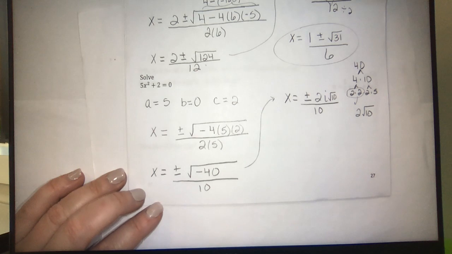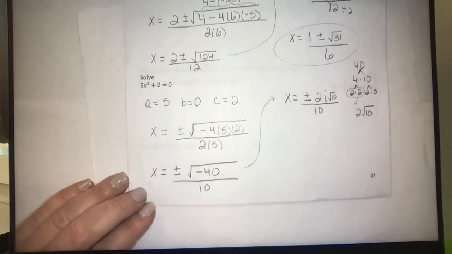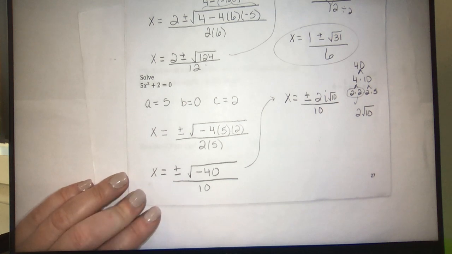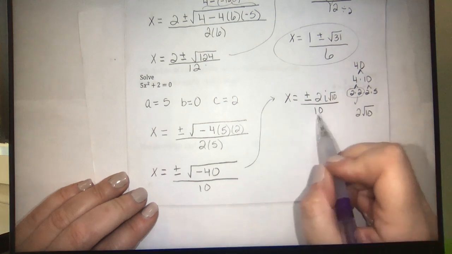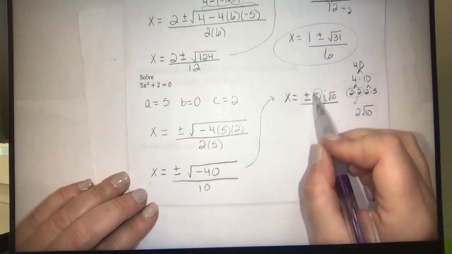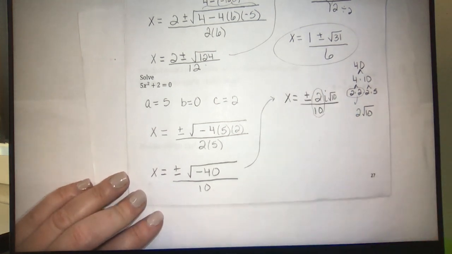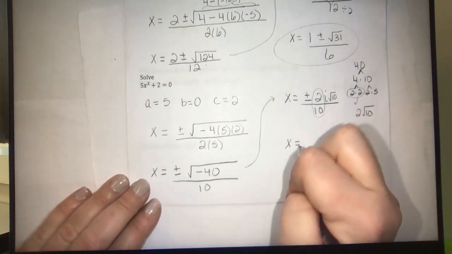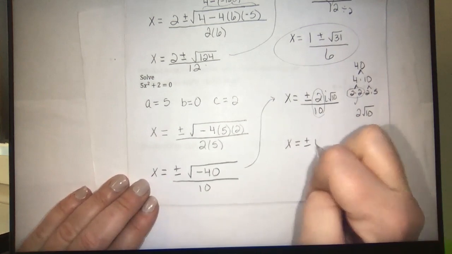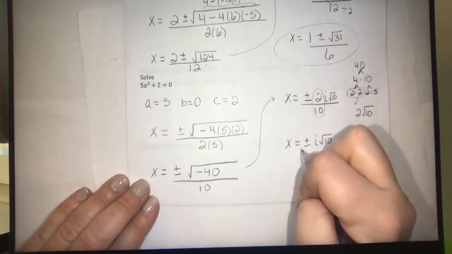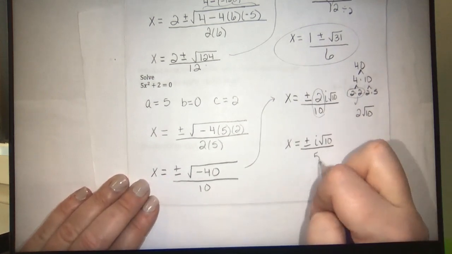Okay, now I don't have a triangle, but you guys know any fraction you have can be reduced, the top and the bottom, as long as you don't go inside the radical. So when I see this, what I'm looking at are these two numbers here. That can be reduced. I can divide both of those by 2, and I'm going to get plus or minus I root of 10 over 5.